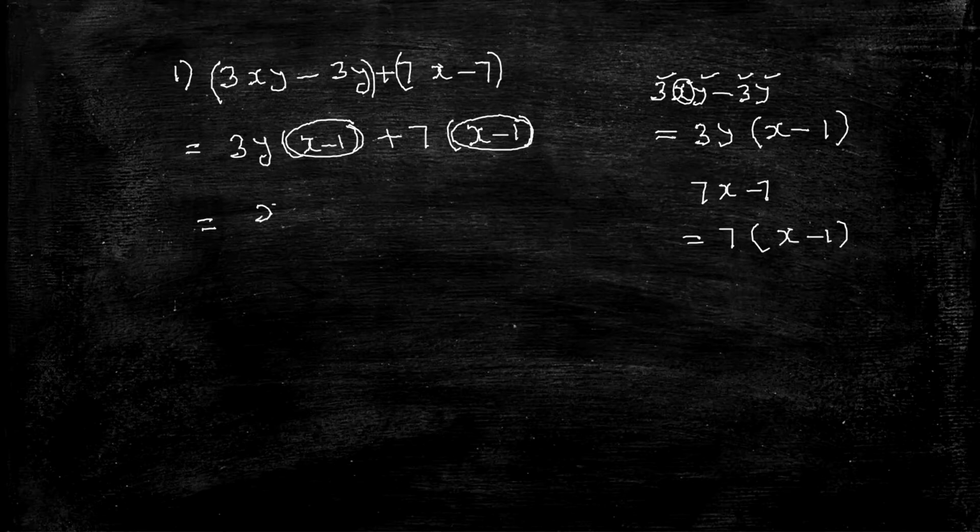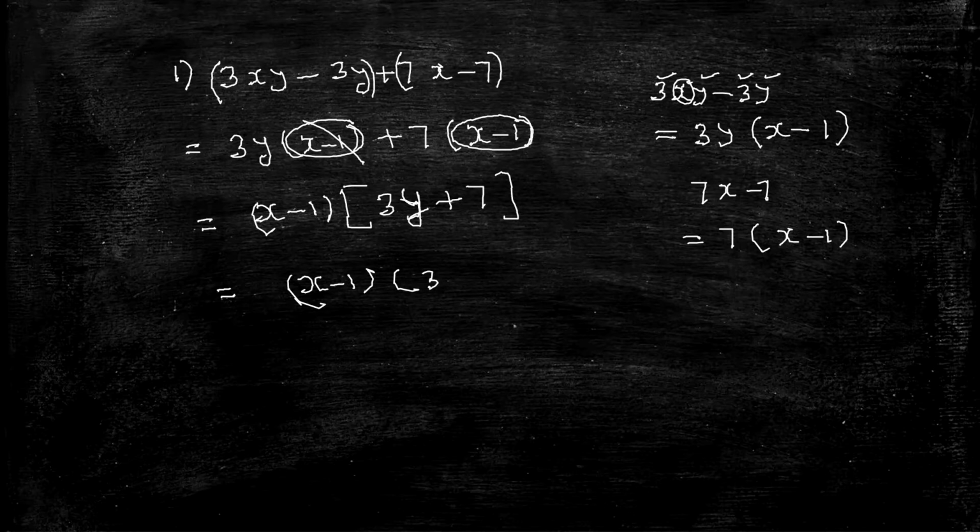So let's take that common factor out. If I take this out, I am left with 3y here, and I am left with plus 7 here. So it is x minus 1 into 3y plus 7.